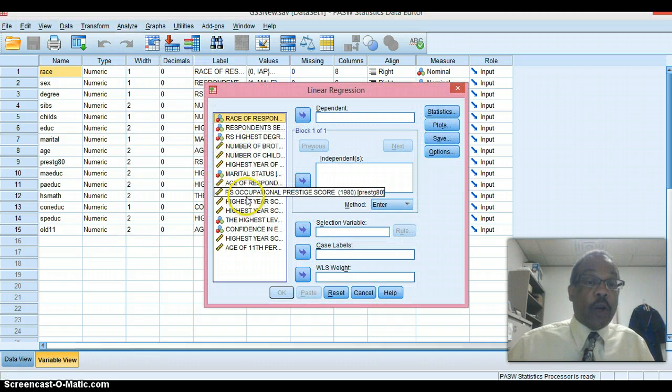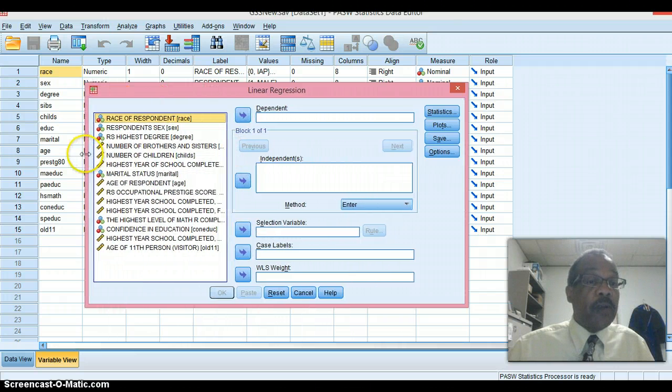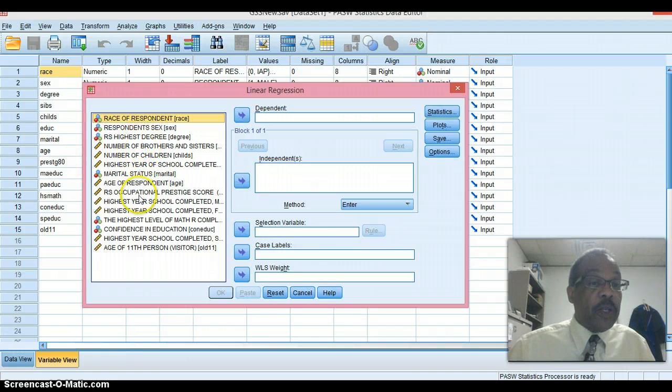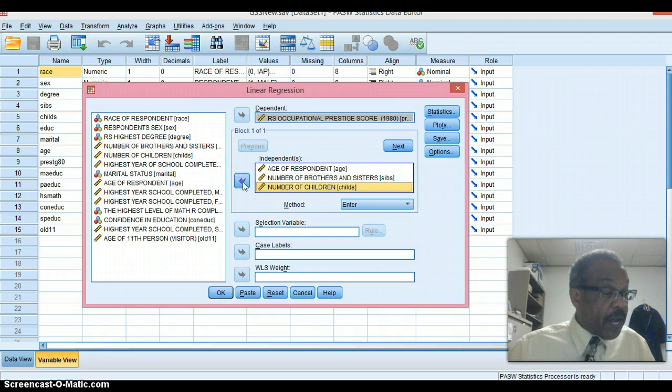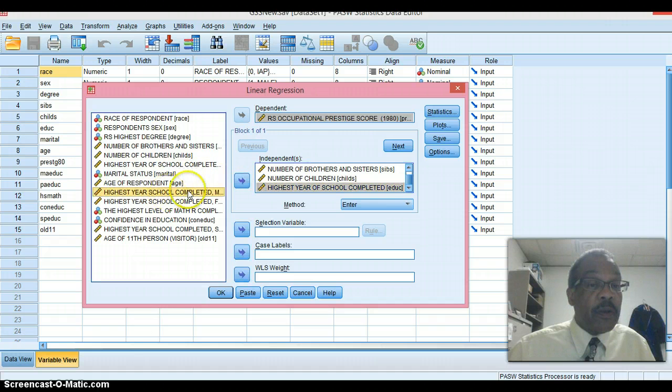Very good. So occupational prestige score, and I'm going to open this up a little bit so that I could see them better. So occupational prestige score is our dependent variable, and the others are, and I'll put these in the order that I gave them to you, the order of the independent variables: age, number of brothers and sisters, number of children, highest year school completed, mother's education, and father's education.